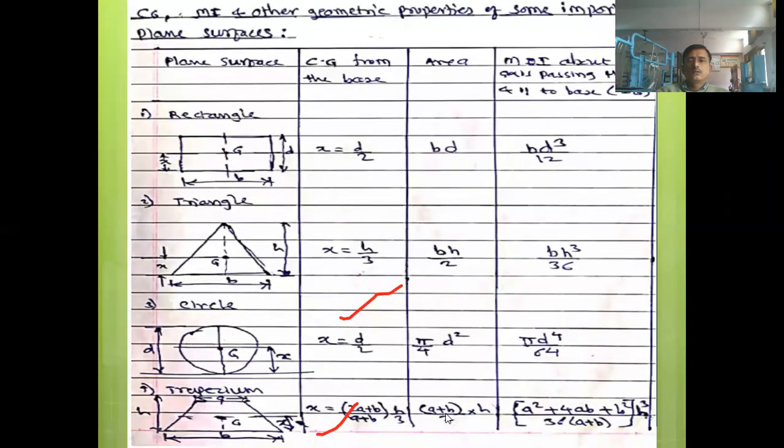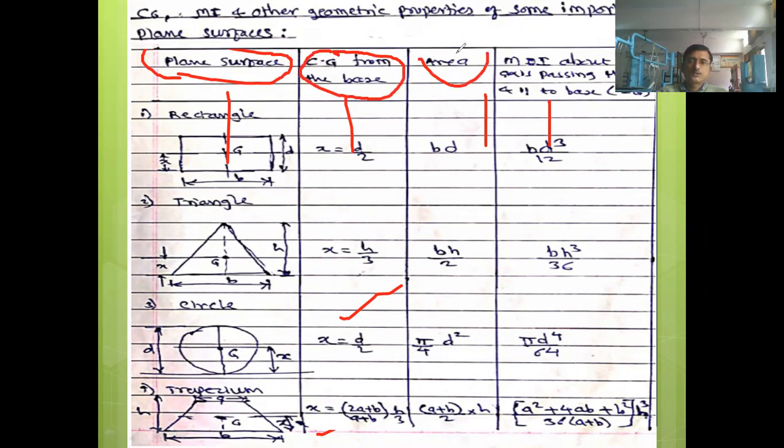Now we will note down this table in your notebook. There are 4 columns. Column number 1 shows the shape or type of the plane surface. The second column shows the location of CZ from the base.